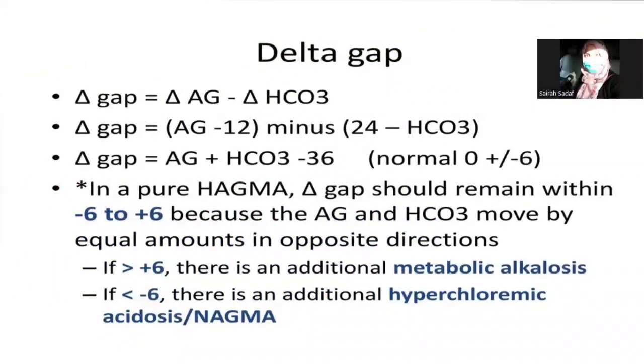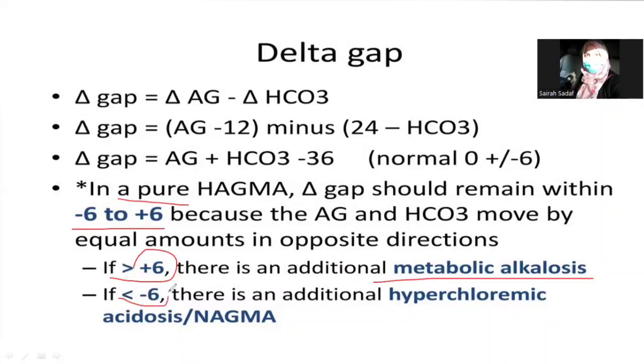This is another formula to calculate the delta gap and to identify whether there is a third disorder or not. It has different values, and the interpretation is here. If it is more than +6, it means the patient has HAGMA plus metabolic alkalosis.